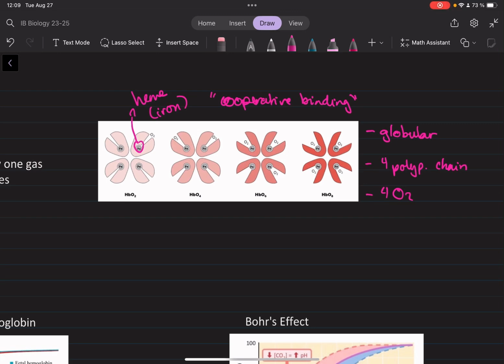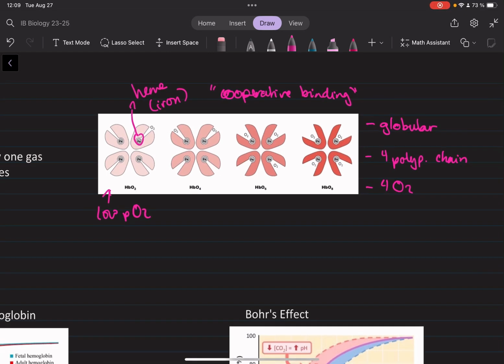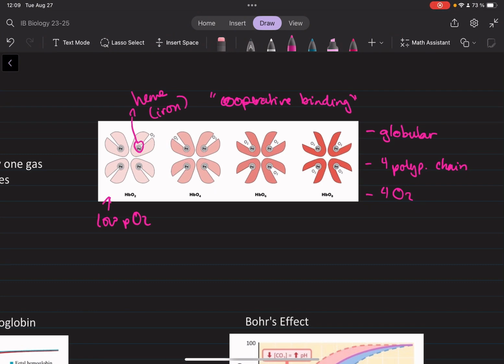And essentially what this means is that in areas of low partial pressure of oxygen, which again just means that there is less oxygen in that specific mixture of gases, there is also a lower affinity for oxygen, which means that the hemoglobin will actually unload the oxygen, and oxygen finds it much harder to bind onto that hemoglobin.